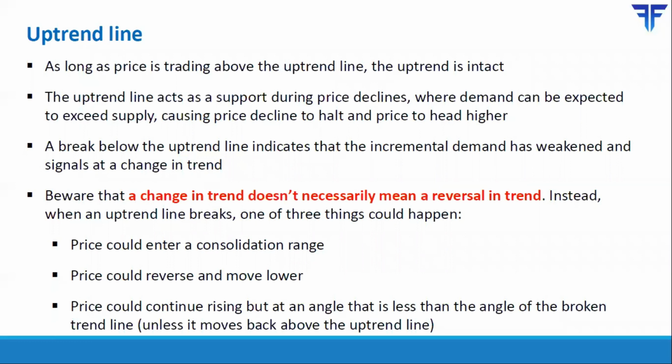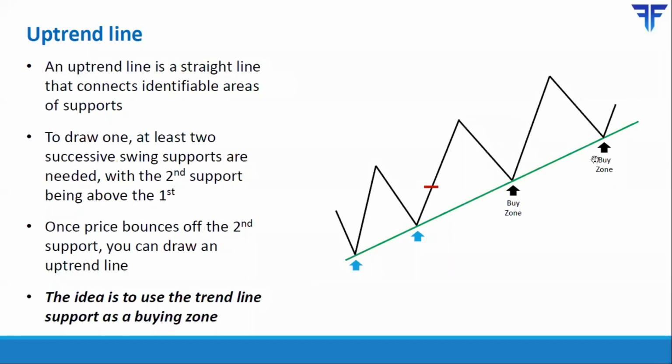Now, as I said, whenever price approaches the uptrend line, you can expect the uptrend line to act as a support and the decline to stop somewhere near the vicinity of the uptrend line, as happened over here and again over here. At that zone, the demand usually is sufficient enough to stop the decline in price and push the prices higher.